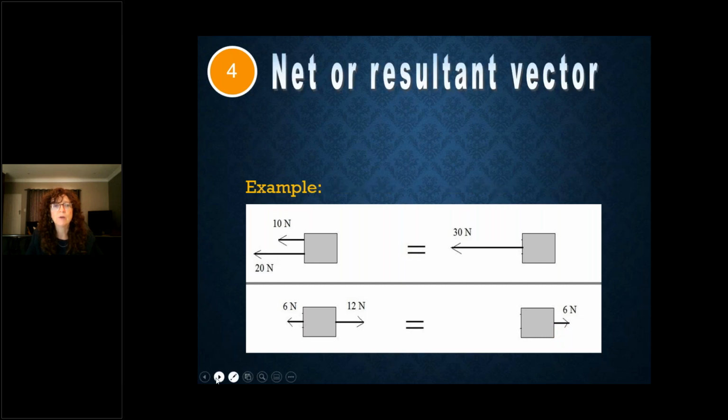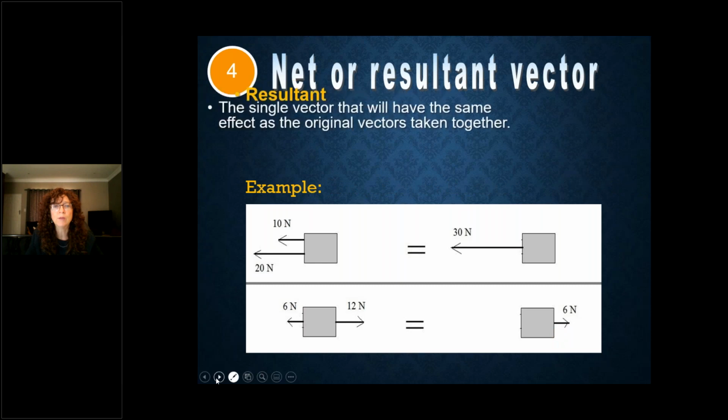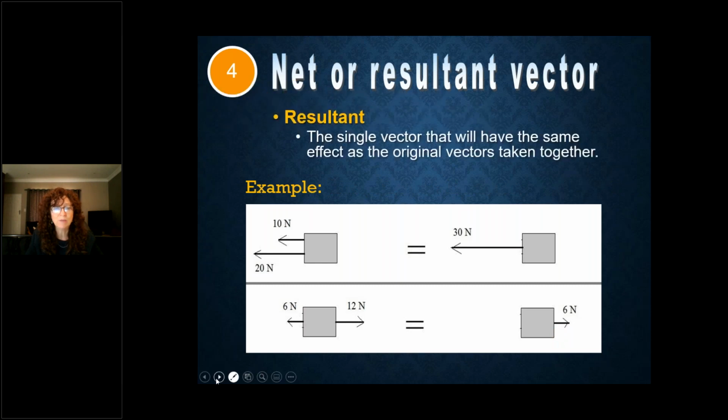Okay, so that we call the net or resultant vector. So this will be F net. So the single vector that will have the same effect as the original vectors together, that is your resultant. So we learn and we know in grade 12, you will say F net. All right, so that is the resultant vector in both of these for us.